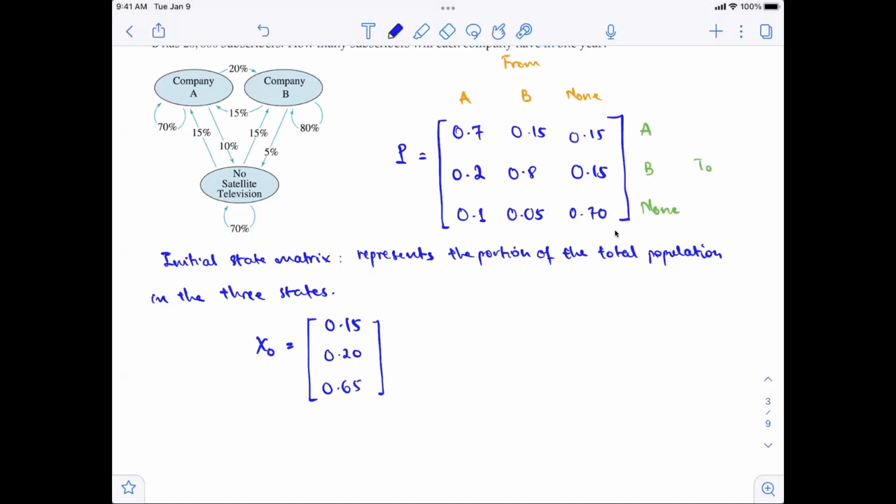Okay. And usually the information related to the initial state matrix will be given to you in the problem.